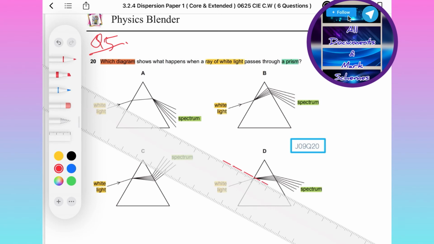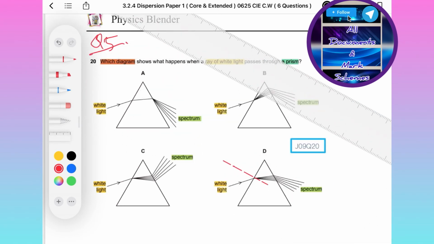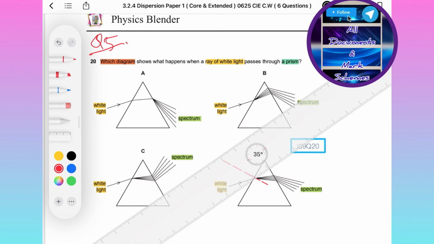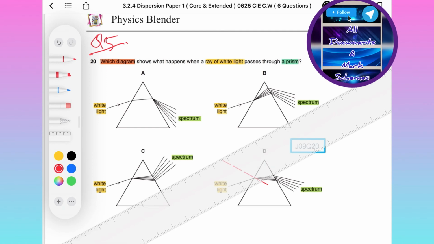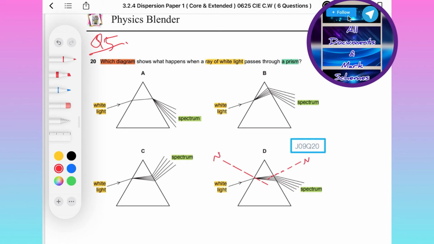you will find that it will refract towards the normal, and then at the second face, this is normal and this is normal, so it will refract in air again away from the normal.